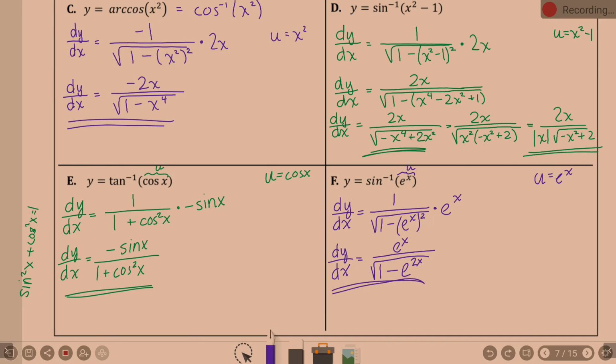Think of it: if it's a power raised to a power, you're multiplying the powers. Or if you're doing e to the x times e to the x, you keep the base the same and add the exponents. Here are some basic exponent rules.